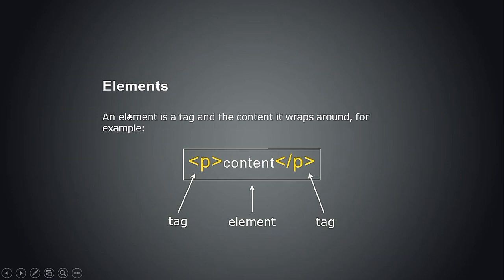Now elements. An element is a tag and the content it wraps around. For example, we can see here the P tag and the closing P tag. Between the opening tag and the closing tag we put some content. Now this whole block of content is known as the element.